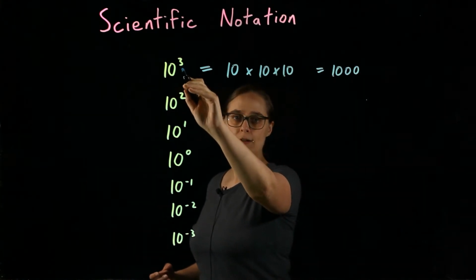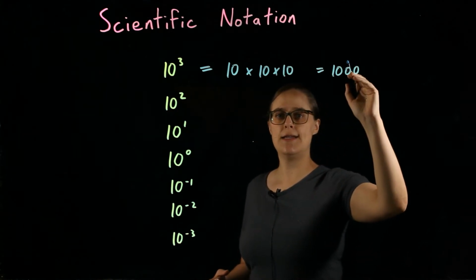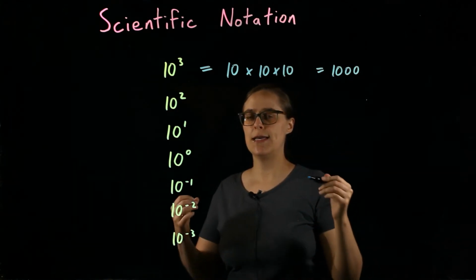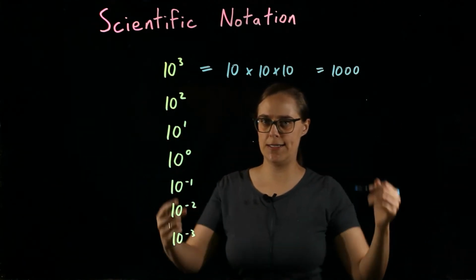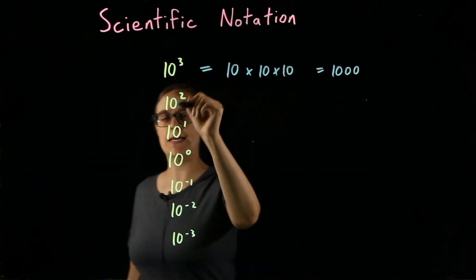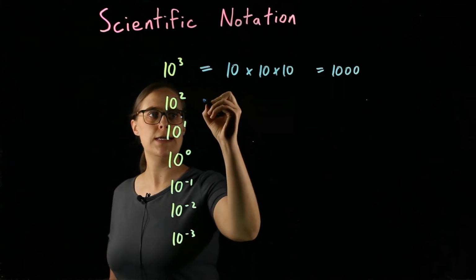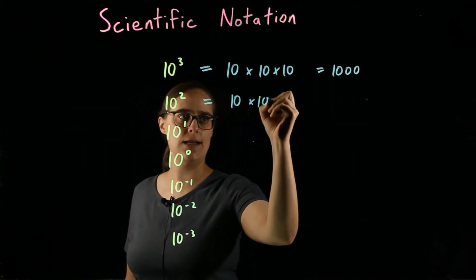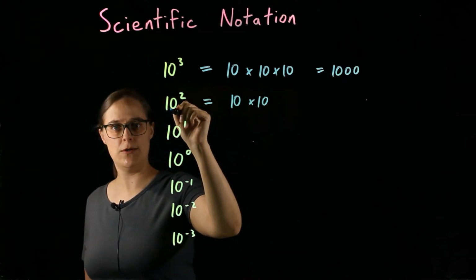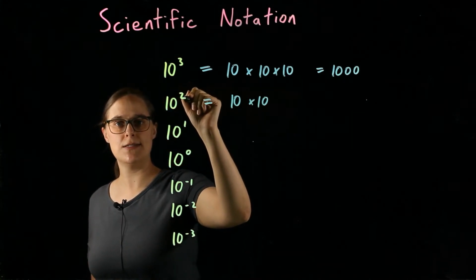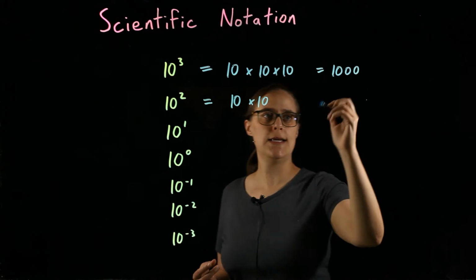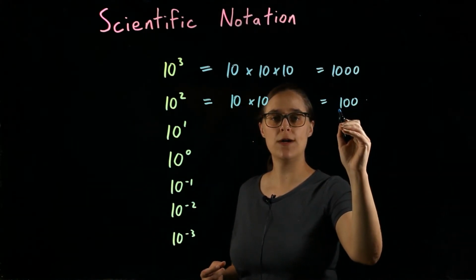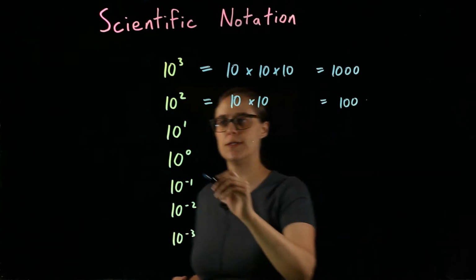Notice we have 10 to the power of 3, and it is equal to a 1 followed by 3 zeros. That trend is going to continue. So when we have 10 to the power of 2, this is going to be equal to 10 times 10. We need to take the base number 10, multiply it by itself 2 times. 10 times 10 is equal to 100. Notice we have a 1 followed by 2 zeros.